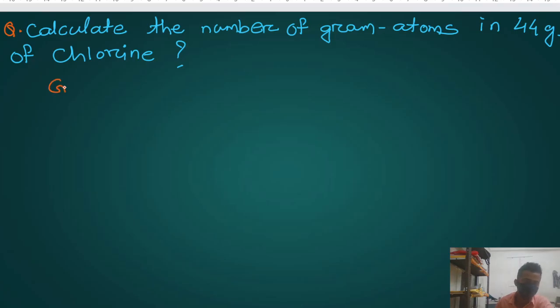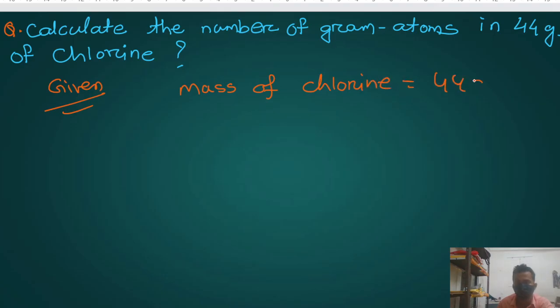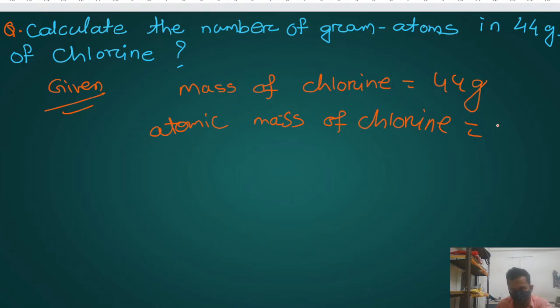The mass of chlorine is given, that is 44 gram, and the atomic mass of chlorine is 35.5.